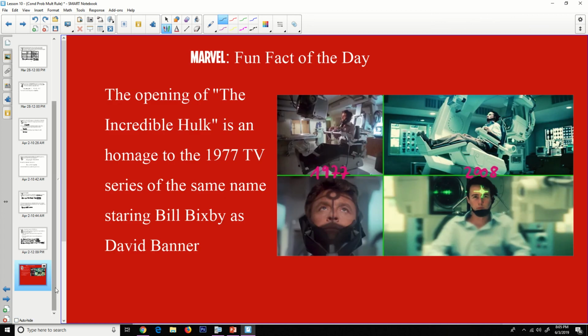So today's Marvel fun fact of the day: the opening of The Incredible Hulk, the movie in 2008, is an homage to the 1977 TV series of the same name, starring Bill Bixby as David Banner. Two things about this. This show came out when I was 6 years old, and I loved every second of it and never missed an episode.